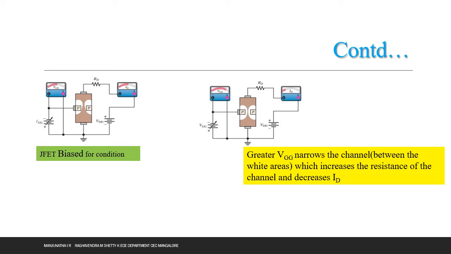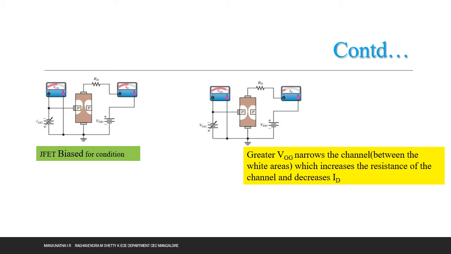Reverse biased condition will be more. In more reverse biased condition, definitely depletion width will be increased. When depletion region or width is increased, it decreases the channel width.